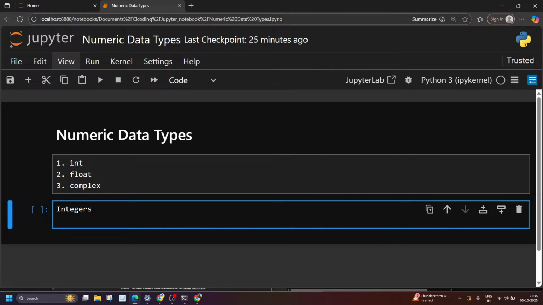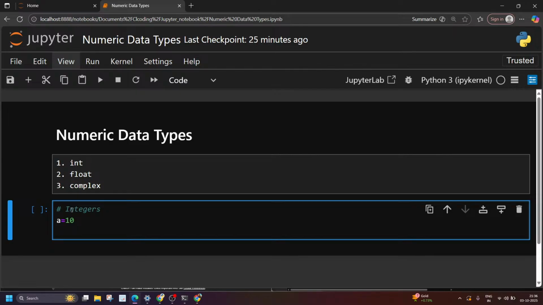Let's see a simple example related to integers so that you can understand more fully. Let's take some values.